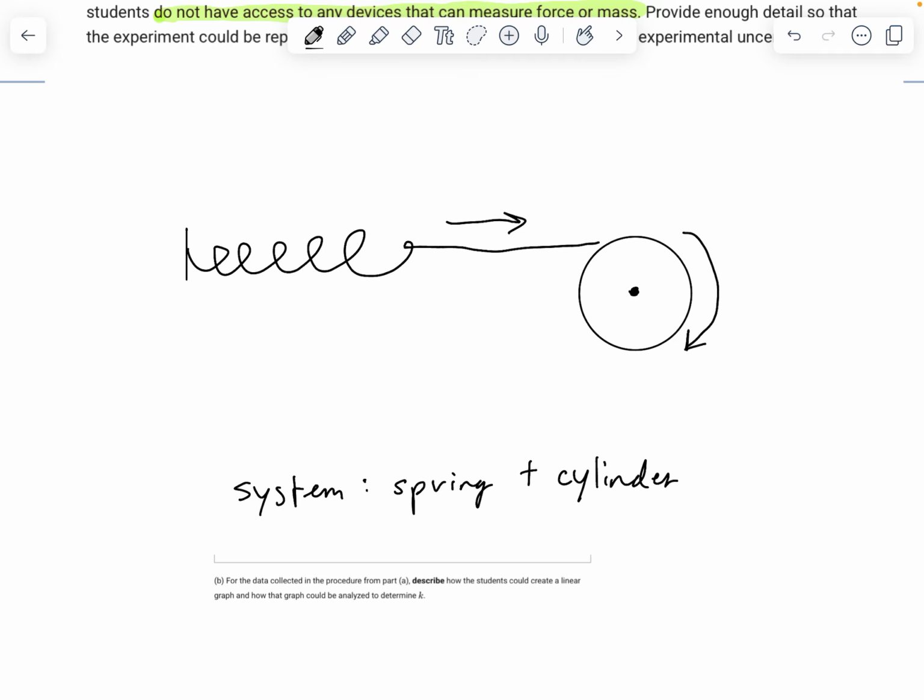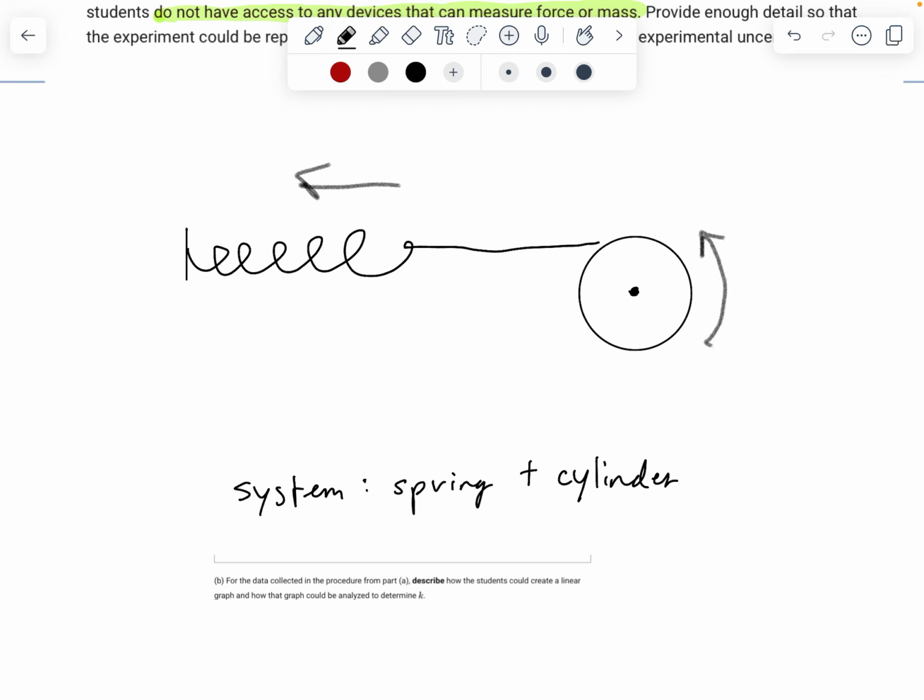If I then let go, then the spring will move back in the other direction, right? And that will cause the wheel to unwind. So, just as the spring loses energy, the wheel will gain energy.